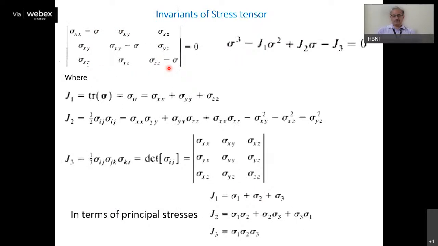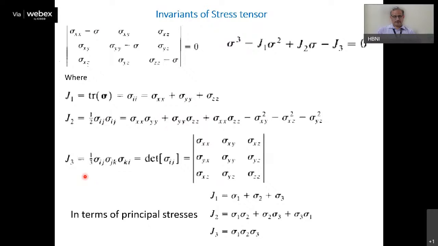When you solve these equations, you can also find some invariants of this stress tensor. This J1, J2, J3, where J1 is basically the sum of these diagonal elements, is related to the pressure. Another invariant is related to the shear stresses.